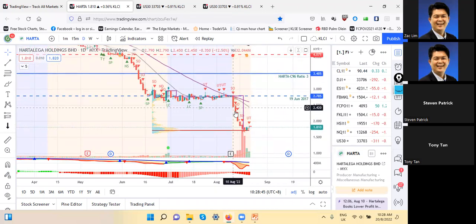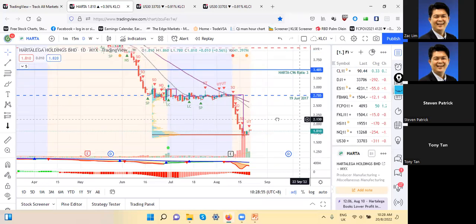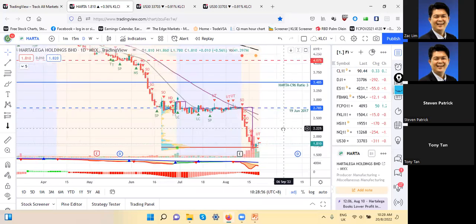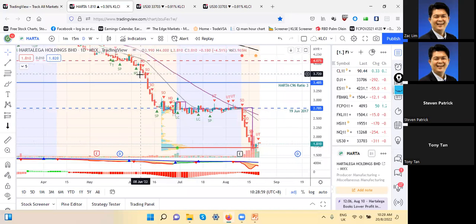You can count the drop: 1, 2, 3, 4, 5, 6. It did not reach 7 yet, but if you want to apply the 7, it can also be like this: 1, 2, 3, 4, 5, 6, 7.